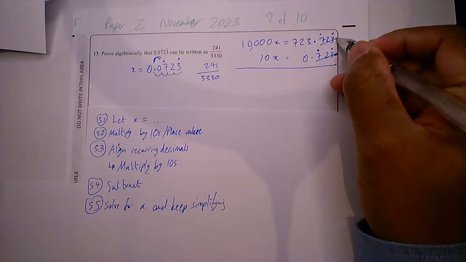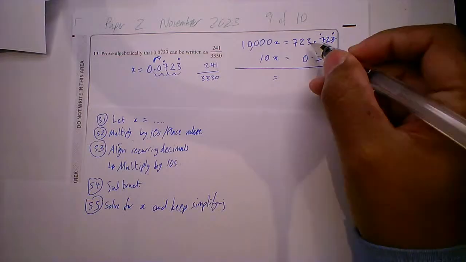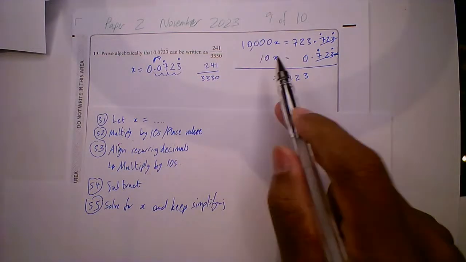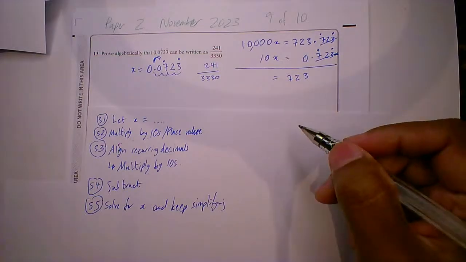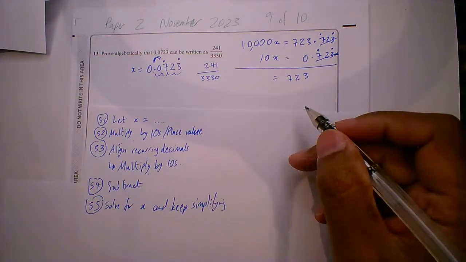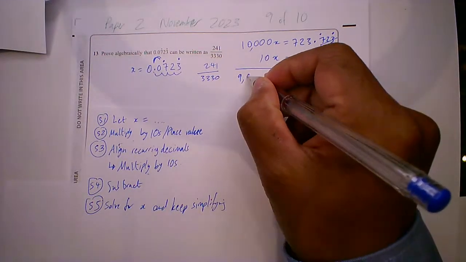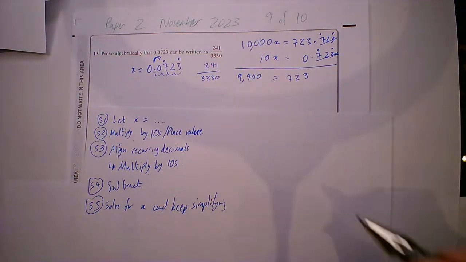So this cancels, and I've got 723, and I've got 10,000 take away 10. In your mind, 10,000 take away 10 is 9,990. But use your calculator if you want to do that. And x equals to that.